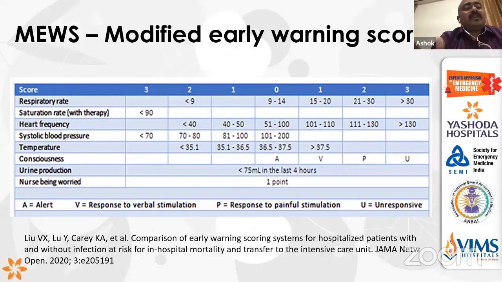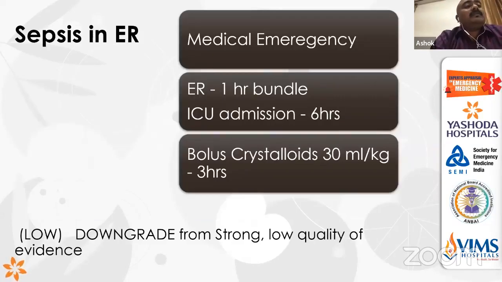You have to be very strong and confident when you start an empirical antibiotic in the emergency room, and try to cut short your duration of antibiotics as much as possible. The previous old concept of a 7-day, 10-day or 14-day course of antibiotics is completely outdated. Don't do that. Next slide.